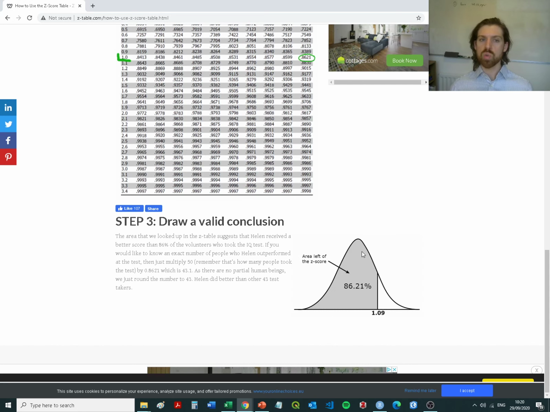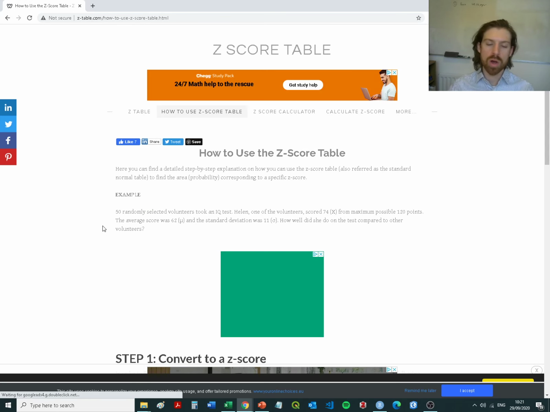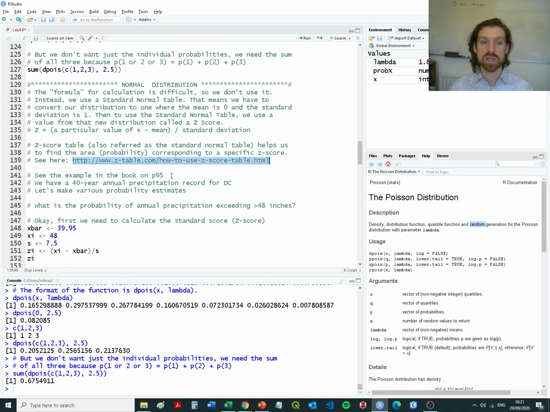I think it's worthwhile you looking at this website as well, and corroborating your understanding by looking at how the interpretation of these values is worded here. I think it will be a good supplement to what we're doing. And we can also use the Z-score tables, the standardized tables, as we will do later here.